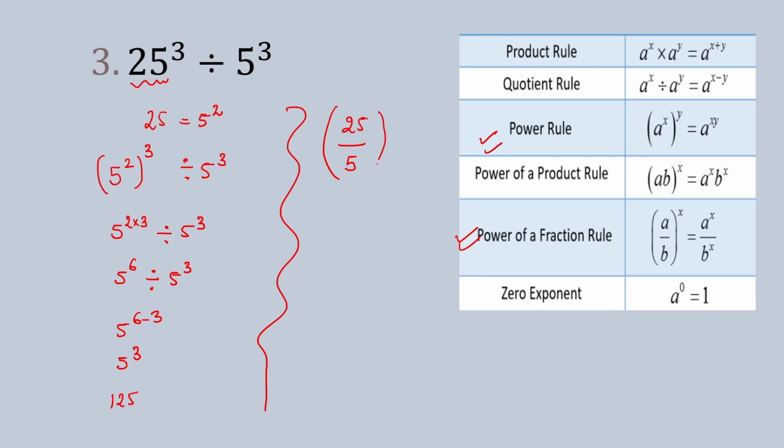So here there is a division operation, 25 divided by 5, whole raised to the power 2. This is the second way of doing it. Here you can cancel, and you get 5 raised to the power 3, that is 125. It includes fewer steps. Both ways are correct. It's up to you, whichever way you want to follow.